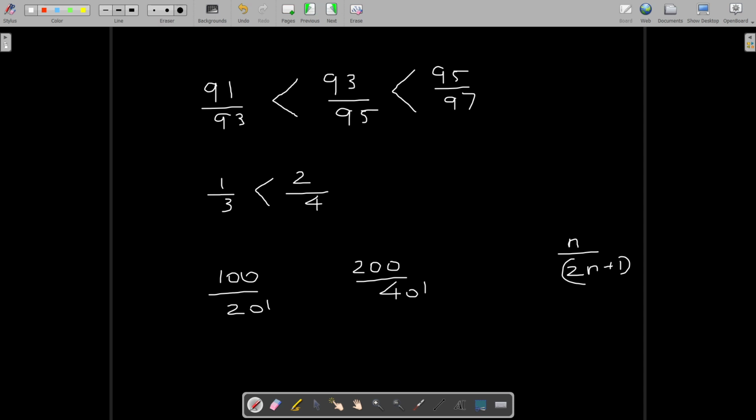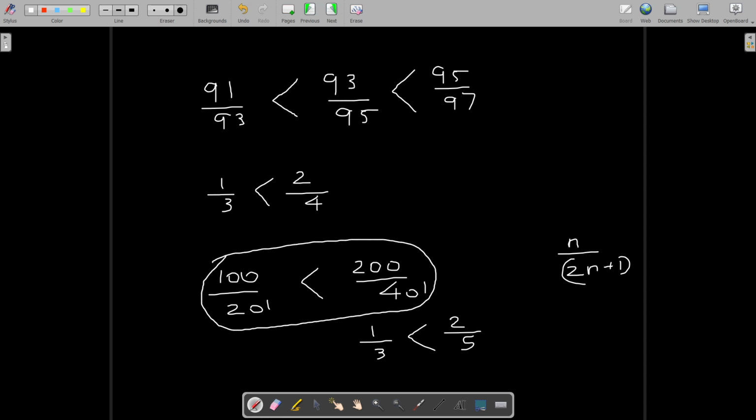So the first set of fractions which follows the pattern is 1 by 3 and 2 by 5. Clearly 2 by 5 is greater than 1 by 3. If 2 by 5 is greater than 1 by 3, then 200 by 401 is greater than 100 by 201. Hope you guys caught that one.